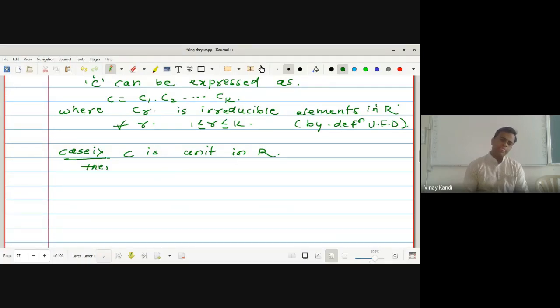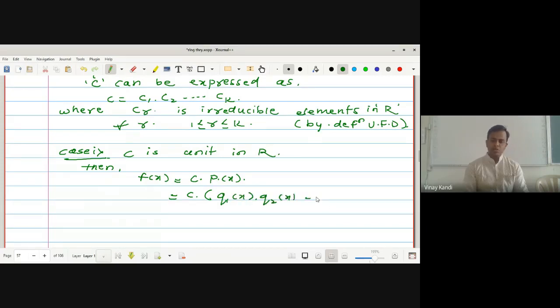Then f of x is equal to c into p of x, which is equal to c into q1 of x into q2 of x up to so on qn of x, which implies c into q1 of x into q2 of x up to qn of x.